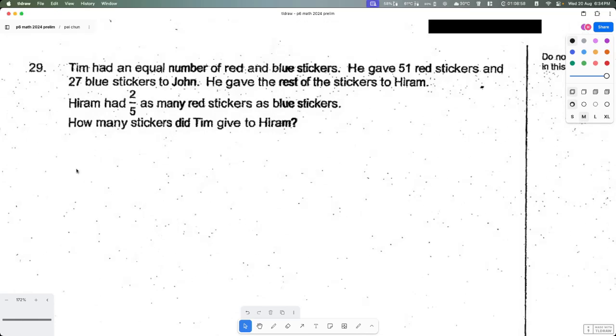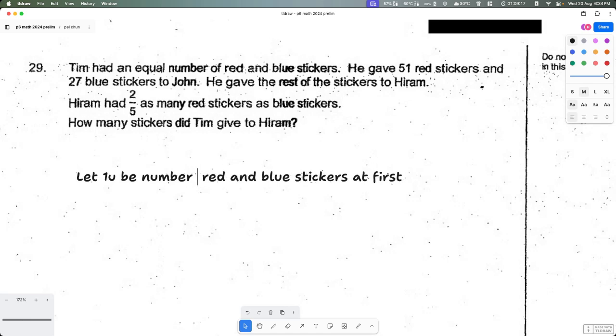All right, so what we can do is we can say let one unit be the number of red and blue stickers at first, right? Or let me just separate out the number of red.